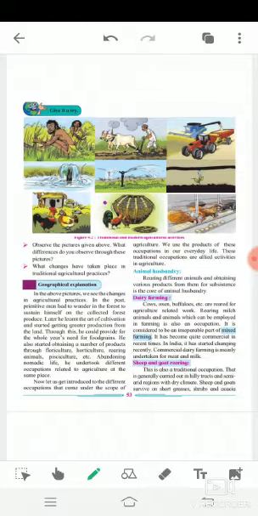Now go to the next paragraph. Now let us get introduced to the different occupations that come under the scope of agriculture. We use the products of these occupations in our everyday life. These traditional occupations are allied activities in agriculture.